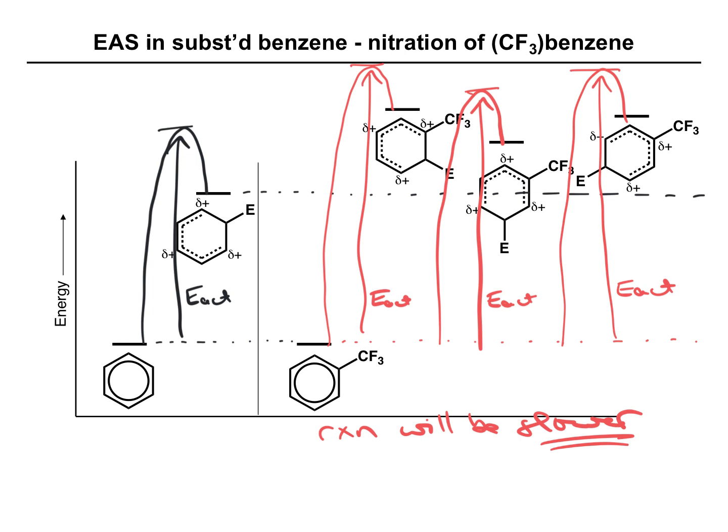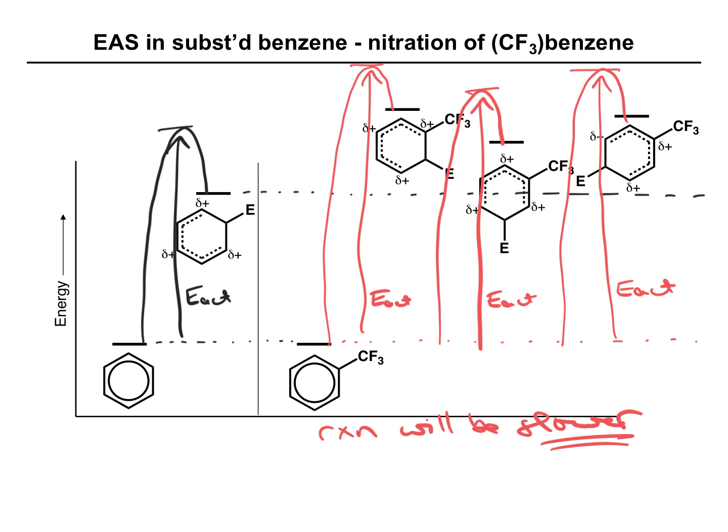Now, if we look more closely at the ortho, meta, and para, we see that ortho and para are especially destabilized because of the partial positive character right next to the electron withdrawing group. For the meta intermediate, it's not as bad, right? It's still higher energy, which means the reaction is going to be slower than what we have with benzene.